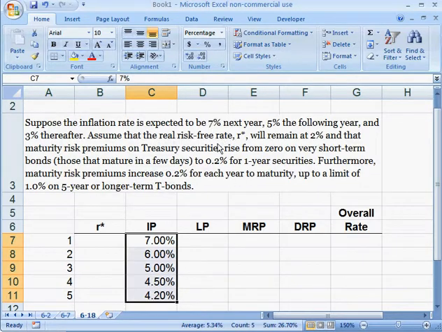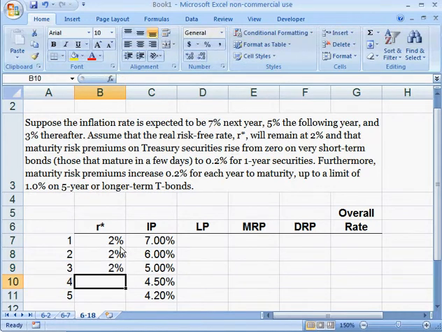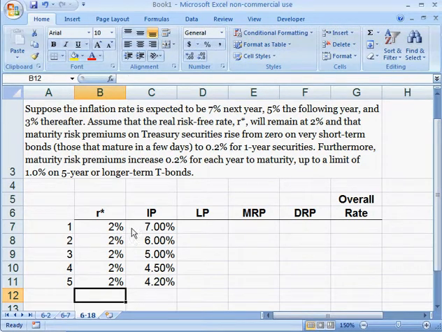We'll roll back up and we'll see that it says that the real risk-free rate, the R star, is going to be 2%, and that's going to remain the same. I don't have any problems that I would ever give you where the R star will change if you're looking at a multi-year situation.